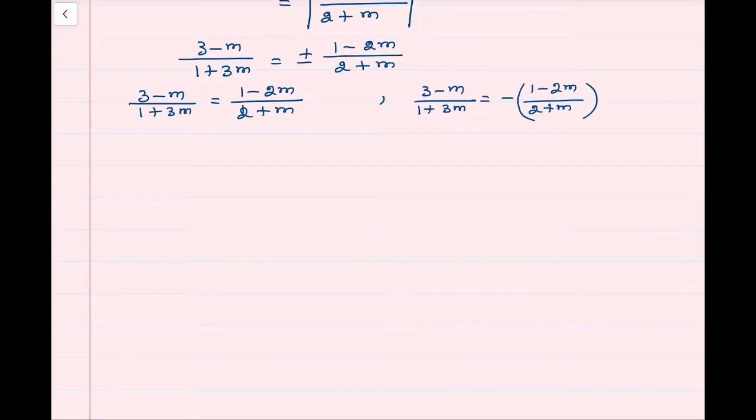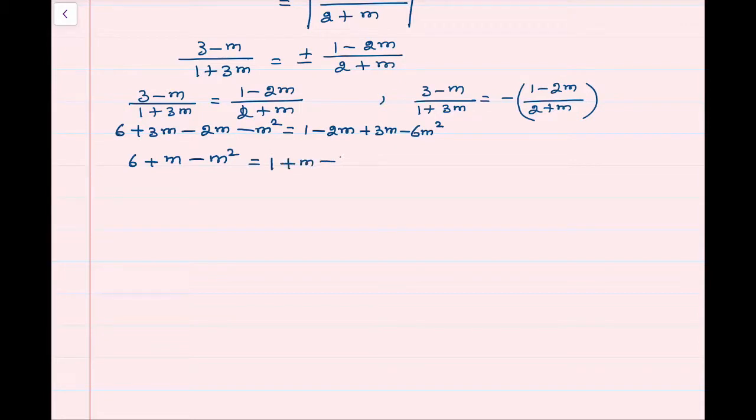We will cross multiply. 6 plus 3m minus 2m minus m square is equal to 1 minus 2m plus 3m minus 6m square. 6 plus m minus m square is equal to 1 plus m minus 6m square.